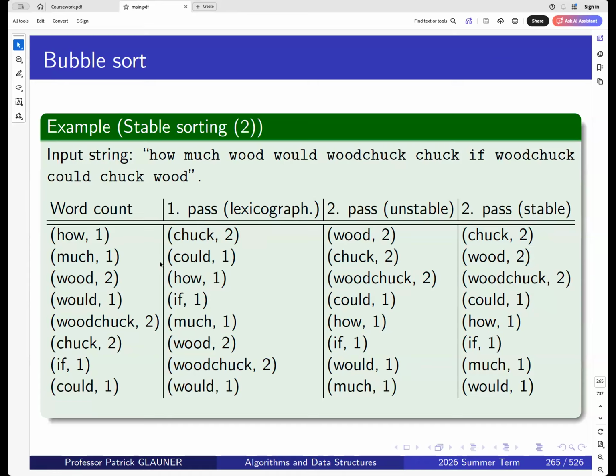And I would also keep the ones with count 1 in the order of the first pass: could, how, if, much, would.